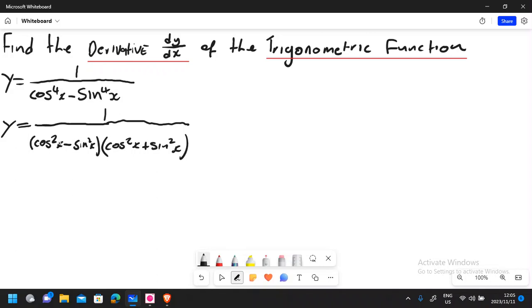Now, when you look at these two brackets on the denominator here, let's start with the first one. We have cos squared minus sine squared. So this here is an identity, guys. It's a double angle identity.